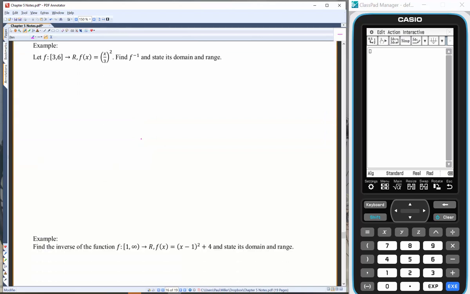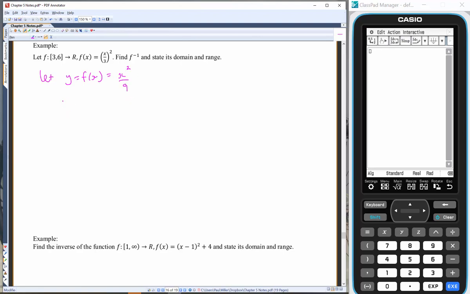Okay, so let's start having a look at this situation here. So we've got this function here, f of x equals (x on 3) all squared, and what we want to do is inverse it. So we're going to start with let y equal f of x equal x squared over 9.